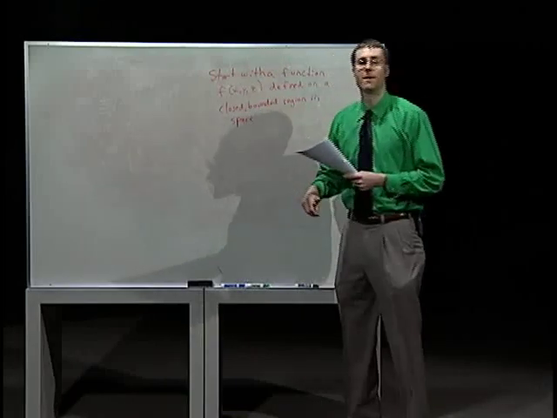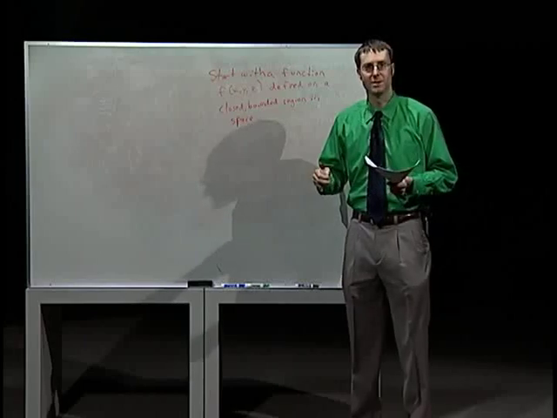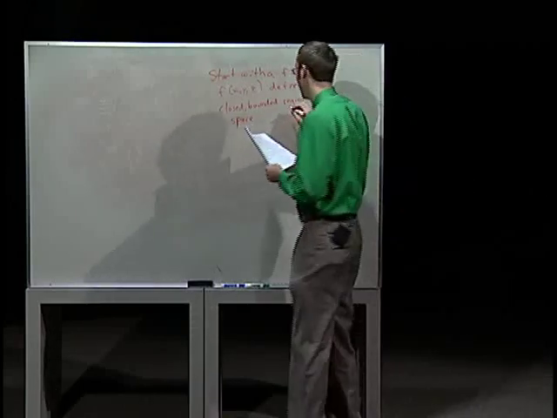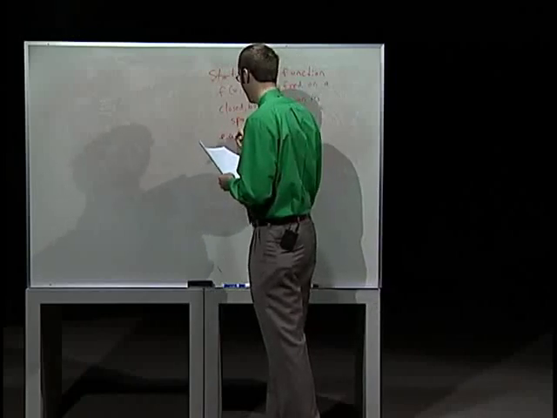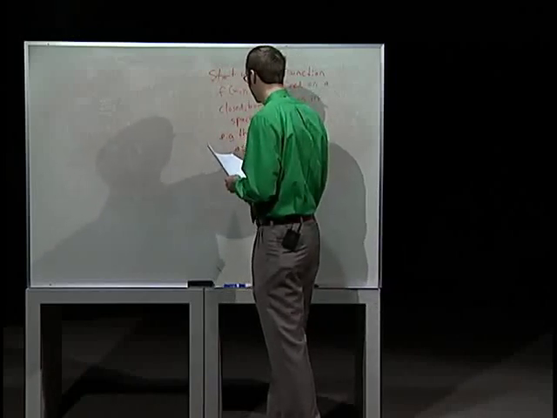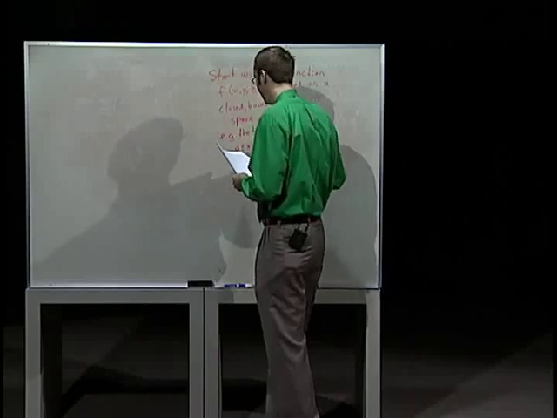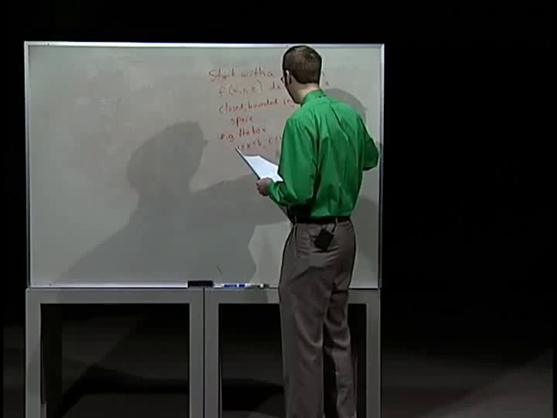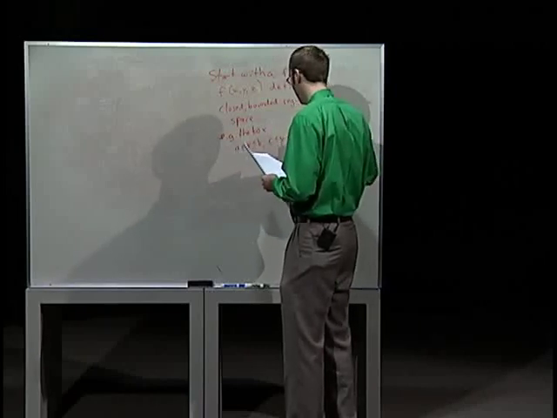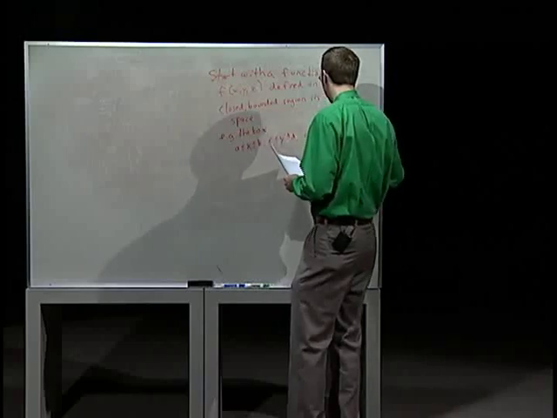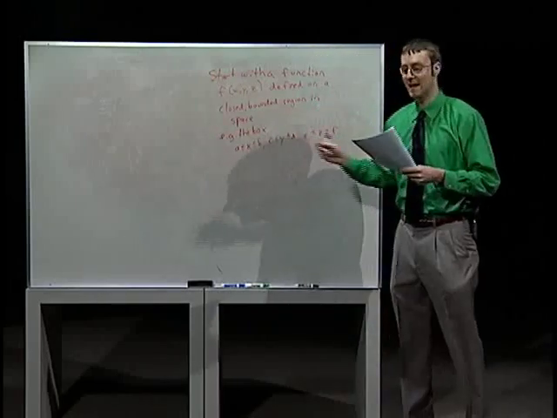And we'll start with a very simple case where the region in space is just a rectangular region, like a box. So, for example, the region could be the box where x is between a and b, y is between c and d, and z is between e and f, right? So we have this rectangular box.